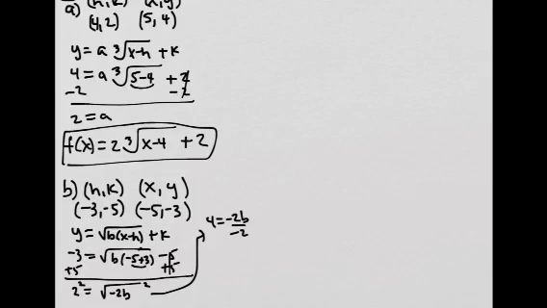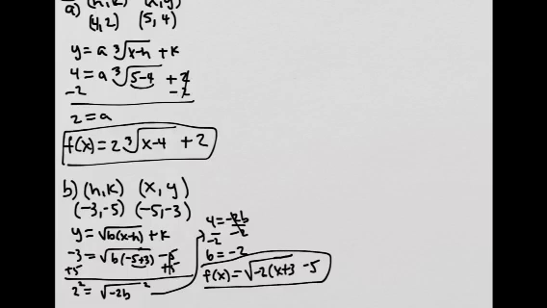So I'm going to divide by negative 2. So b equals negative 2. So my equation is going to be f of x equals the square root of negative 2 inside the square root, x plus 3, extend this little bar a little bit more, minus 5. So that's the equation for the b part.